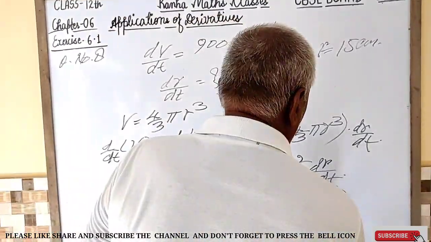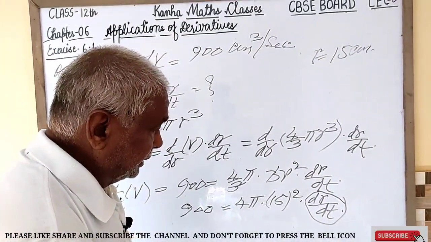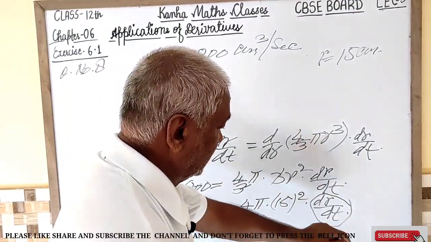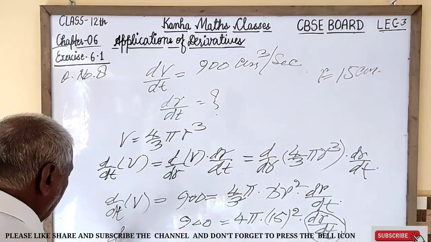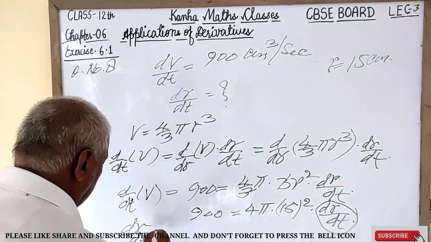Now ultimately we have to find out the value of dr/dt, that is the rate of increment of radius with respect to time.